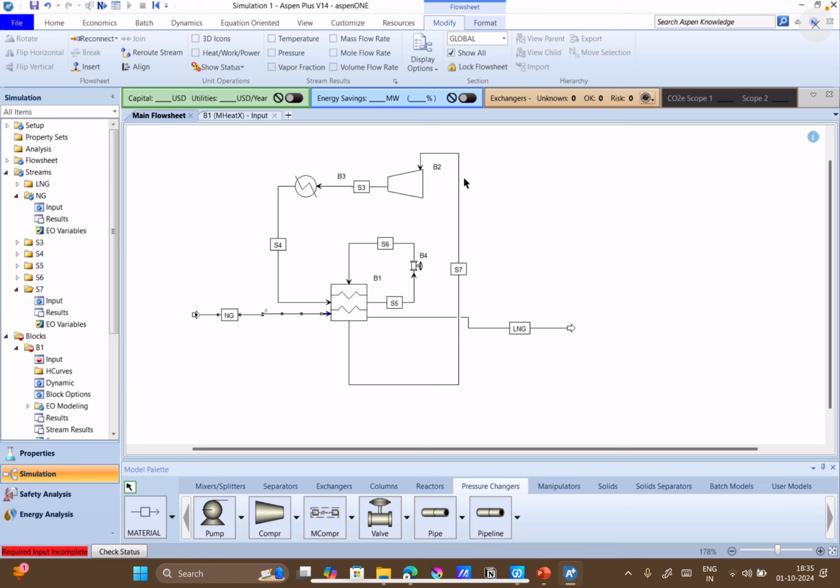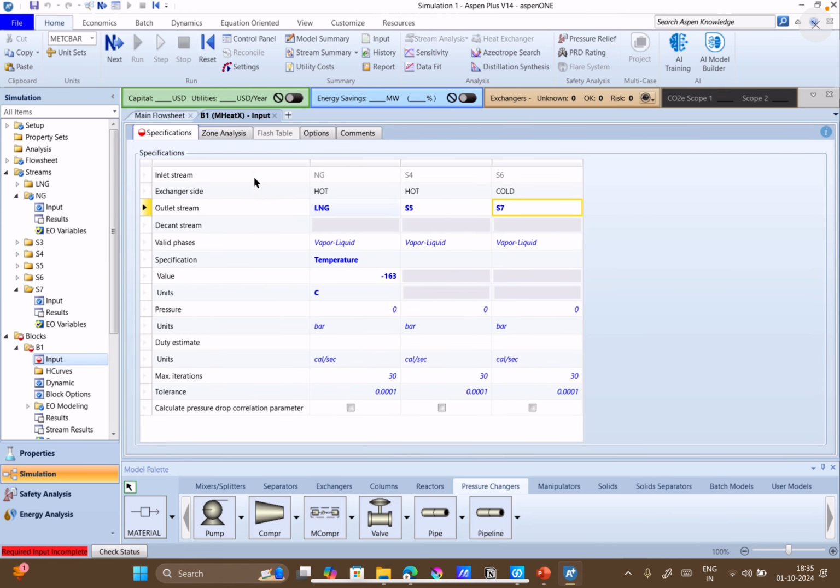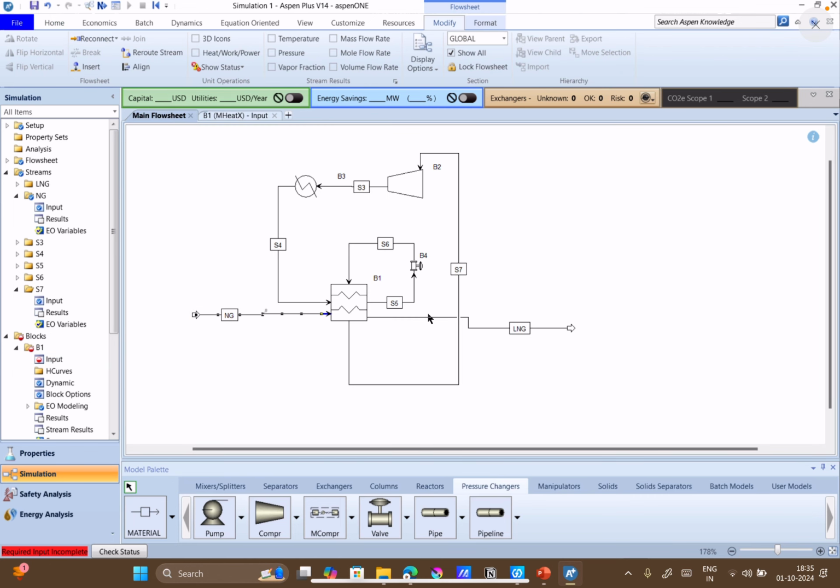So this S6 will go to S7. Now we don't know what the temperature values are here, so we have to think about what value to put. Either we can put the hot stream value or the cold stream temperature value. Right now we don't know, so we will keep it as it is.